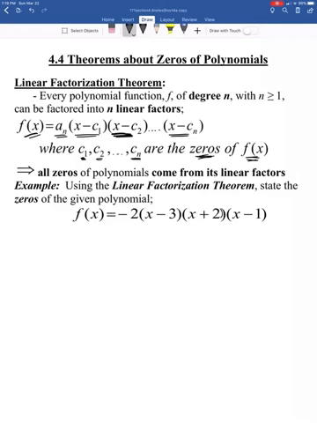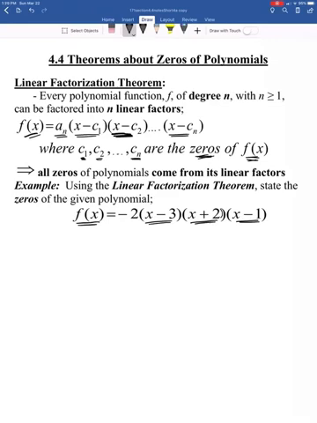So down here you see in this example with f of x, we've got a degree 3 cubic polynomial. And the reason I know it's a cubic is I have 3 linear factors of x: x minus 3, x plus 2, and x minus 1. So again, 3 linear factors, degree 3 polynomial.